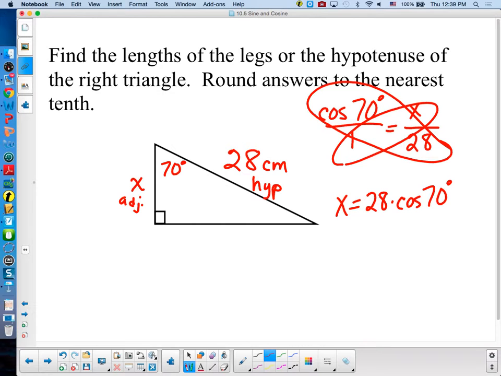Alex? 9.6? Question on that one? No? Okay, let's make another one. Am I leaving you enough time to write it down? Okay.